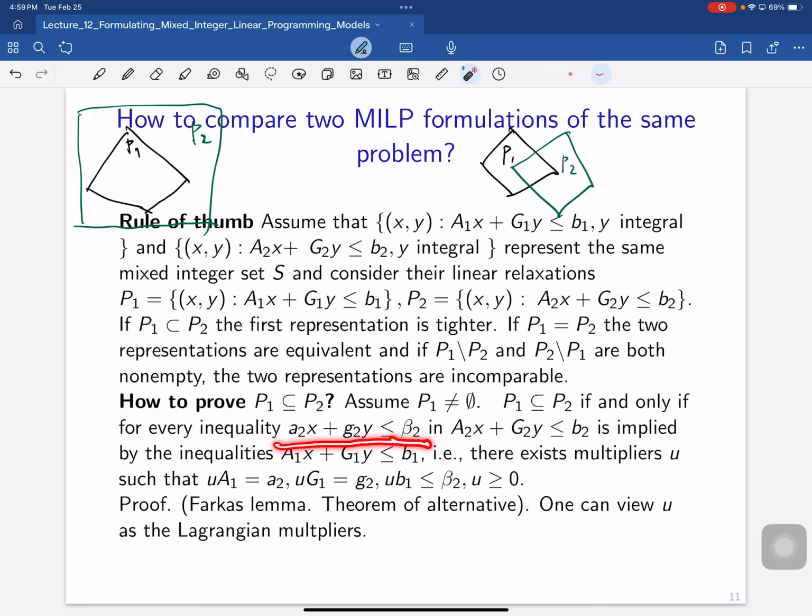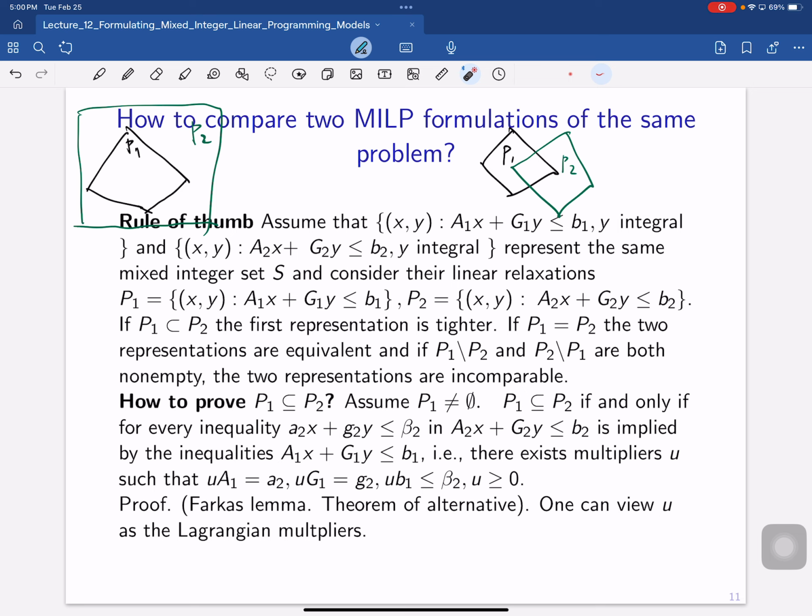Let's just assume this is one of the inequalities among these matrix inequalities. For each of these inequalities, it should be implied by the inequalities in P1. So all these constraints should imply each of these constraints in P2.